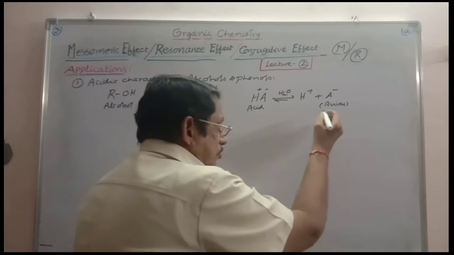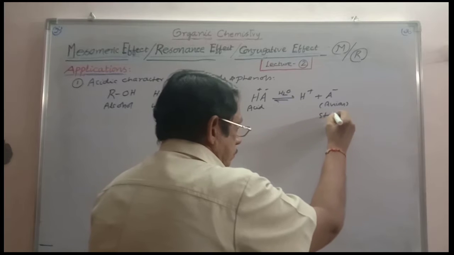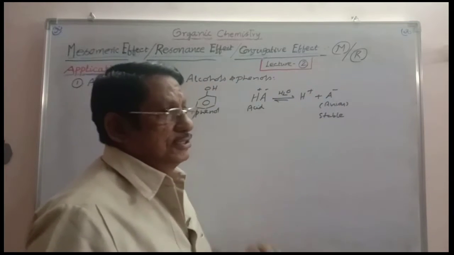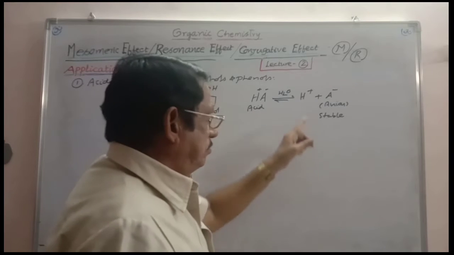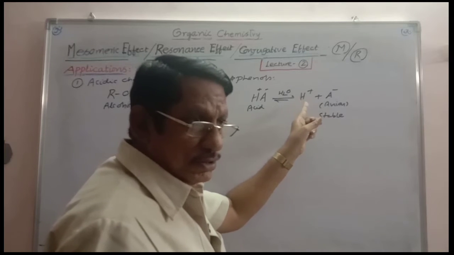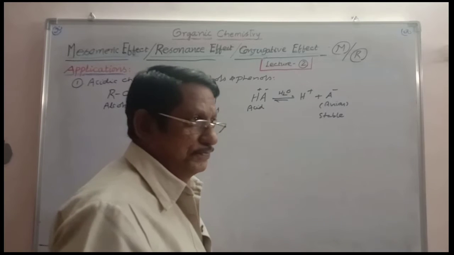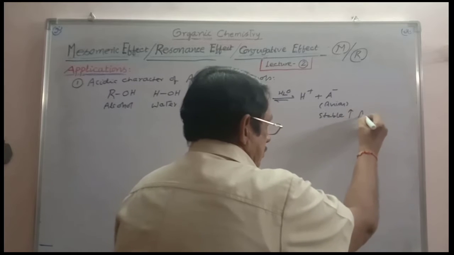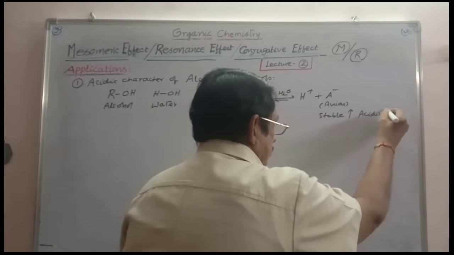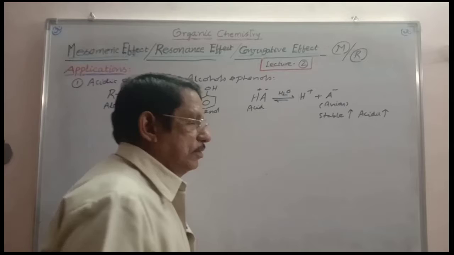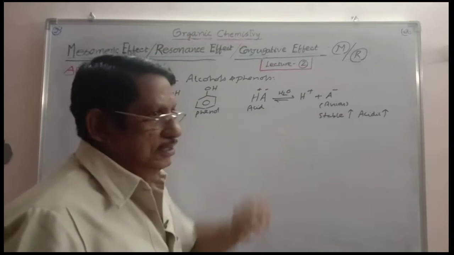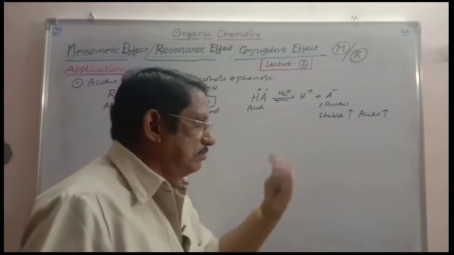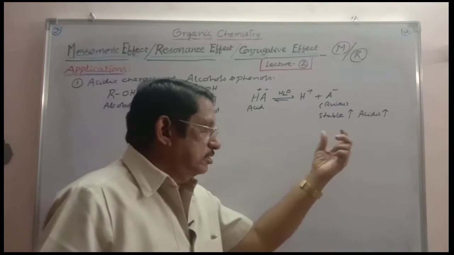If the anion is stable, then the equilibrium will be shifted towards the right side, more H plus ions will be produced, and the acid becomes more acidic. So if the stability of the anion is greater, the acidic character of the acid is also greater. You have to compare the stability of the anion obtained from the dissociation of the acid when dissolved in water. This technique we can now use.